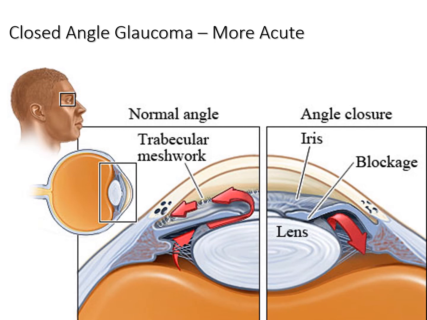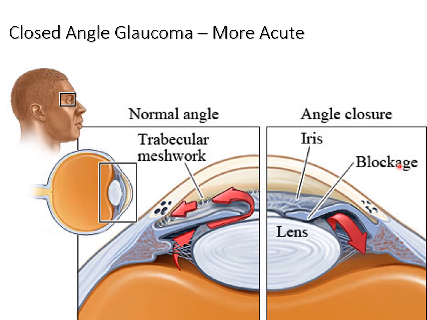Here they're basically trying to show you a picture of your normal angle glaucoma versus your angle closure glaucoma. This is also referencing the chart, the little PDF that I gave you. When the angle is normal, we're concerned about the trabecular meshwork. That's the problem. It's not allowing proper drainage. For the angle closure, we're specifically worried about the angle between the iris and the cornea.